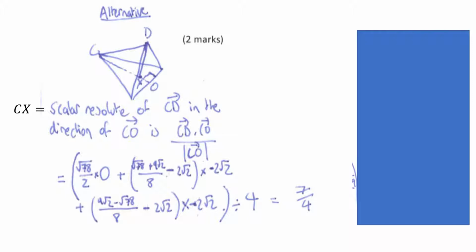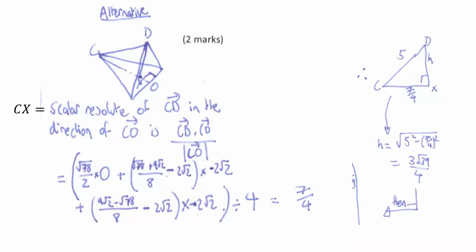Okay, ugly old numbers I know, but you're left with quite a simple answer of 7 on 4, 7 quarters. So using Pythagoras, okay, we know length CD is 5. I can work out the height in that particular way. So that's just interesting. And once you know the height, then it's the same sort of calculation for the volume of the pyramid.